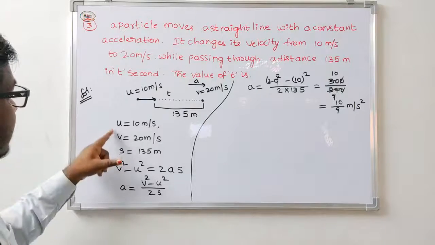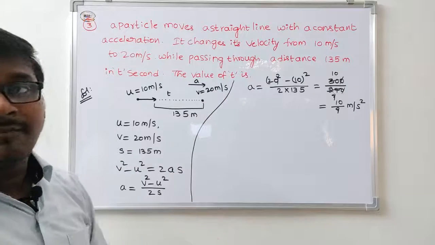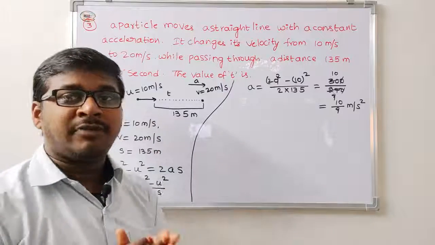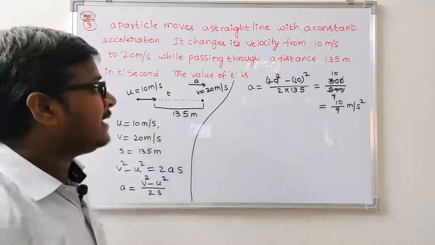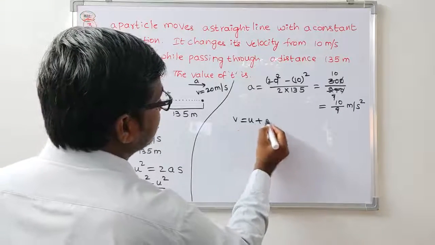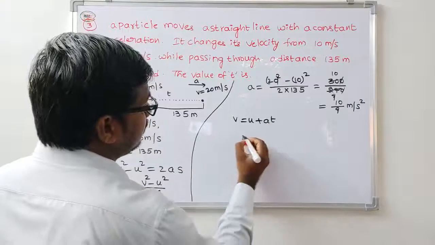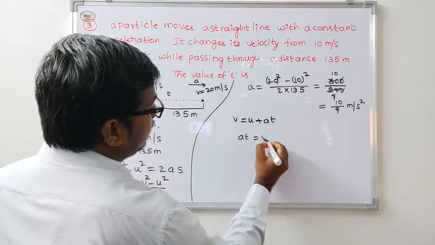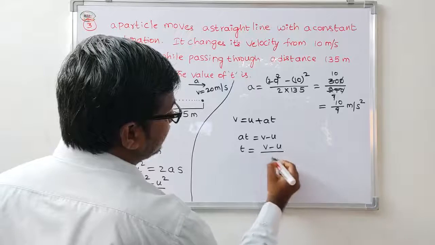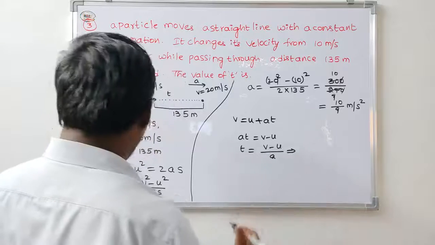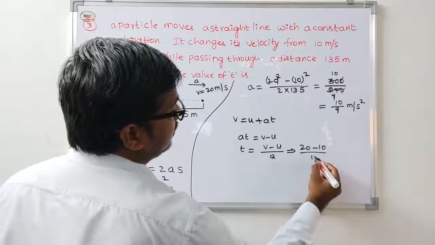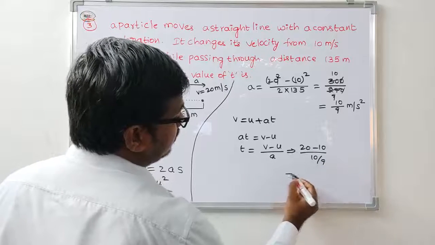U value is there, V value is there, and A value is there. Then find out t, the time value. According to the kinematic first equation, V is equal to U plus AT. AT is equal to V minus U. T is equal to V minus U by A. 20 minus 10 by 10 by 9.